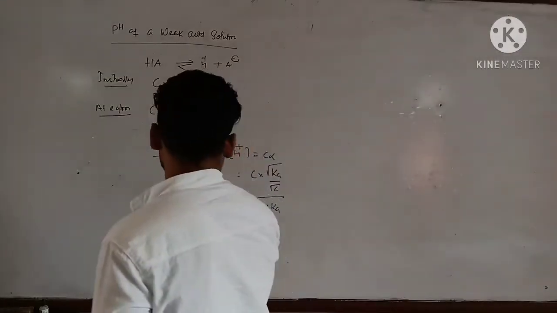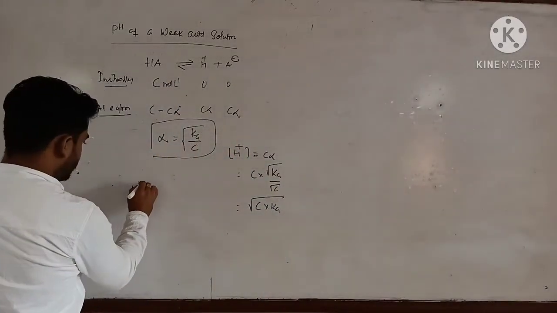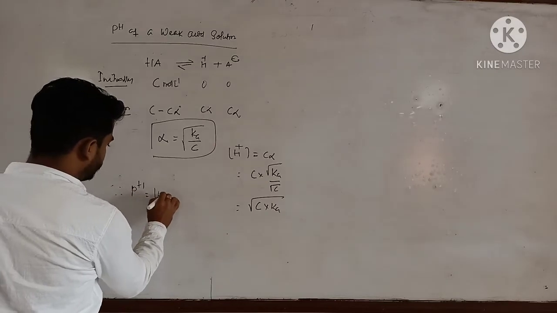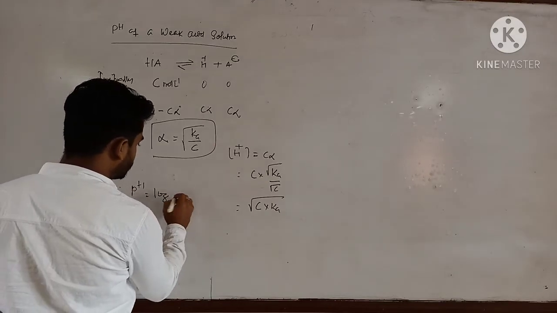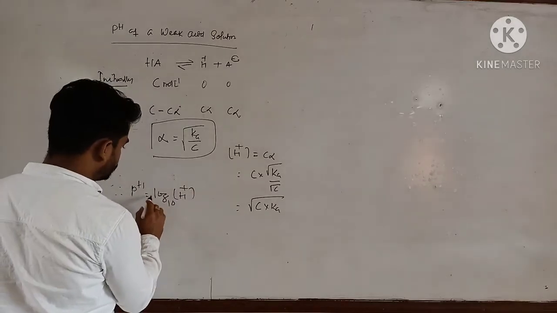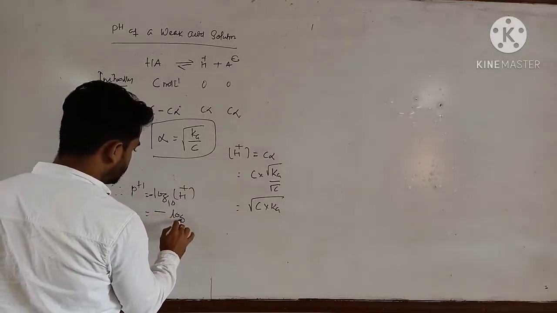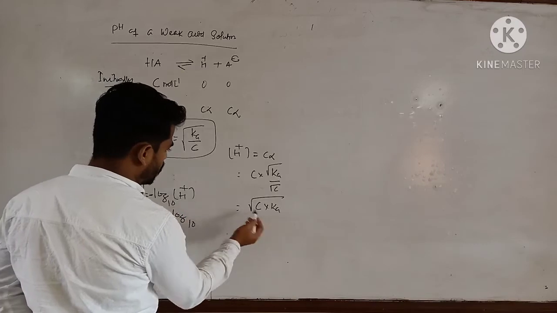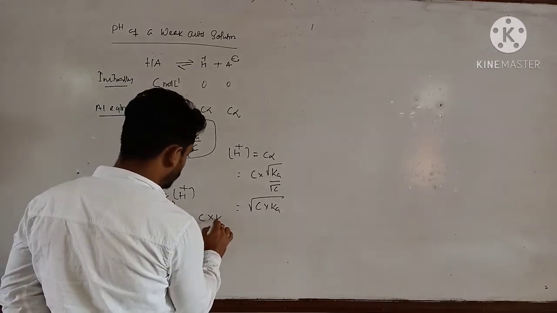Now just write down the value of pH. pH is the negative logarithm of hydrogen ion concentration, so we have minus log 10. What is the value of H plus? That is root over C into Ka.